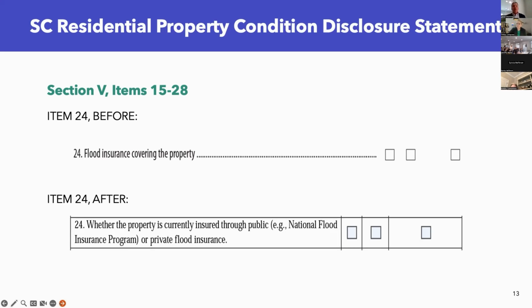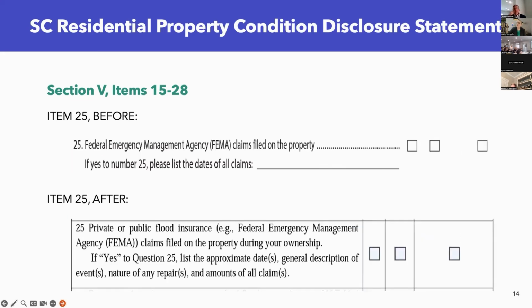So do you have some sort of national flood insurance program, which, if I'm not mistaken, doesn't exist anymore, or I don't think you can get it anymore, or a privately purchased insurance policy? If either of those are true, that I as a seller have covered, I got to tell it. All right, so as we move ahead to number 25.